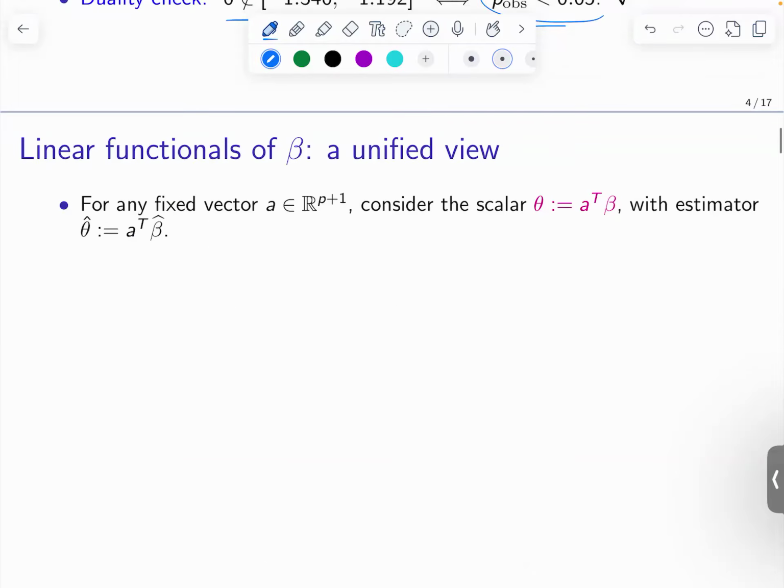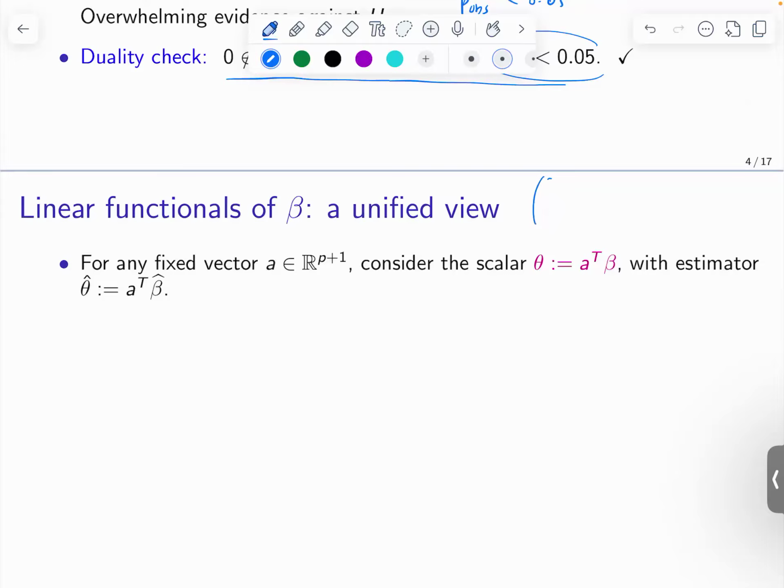So, how can we extend it? We can extend to linear functionals of beta. So this whole thing extends very easily to, let's say, a new parameter theta, which is A transpose beta, where A is (A0, A1, up to AP) transposed, and beta is (beta 0, beta 1, up to beta P).